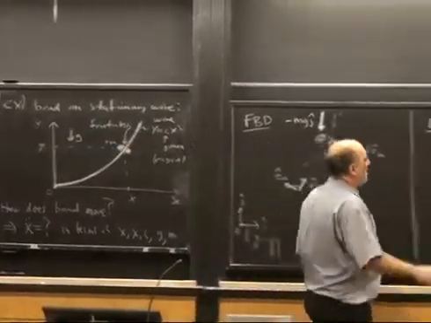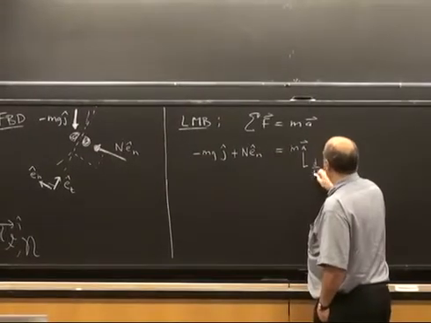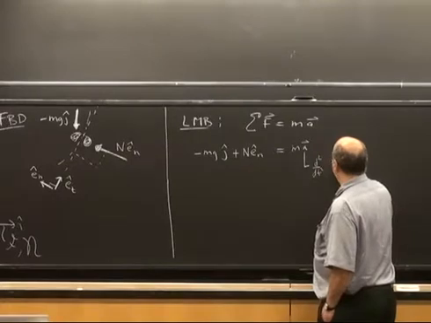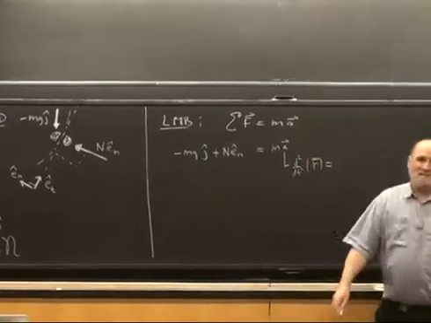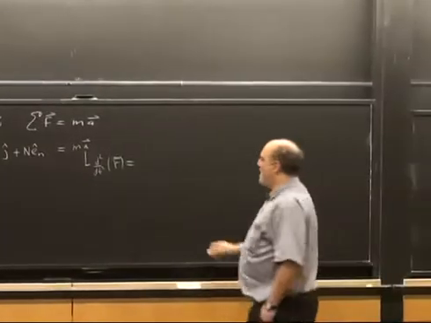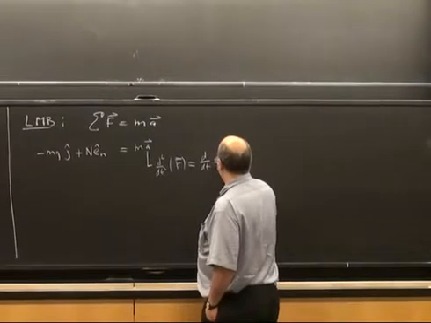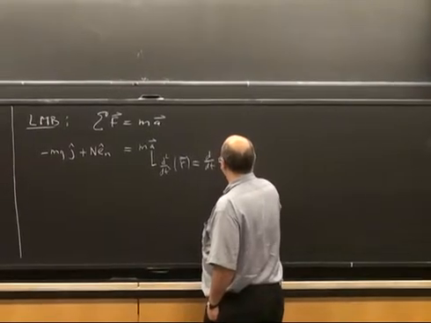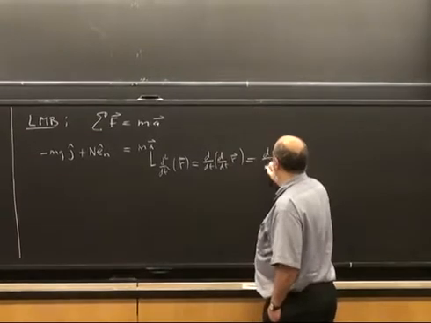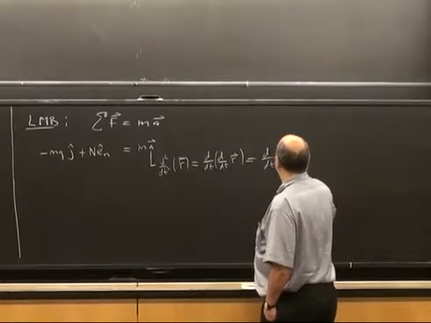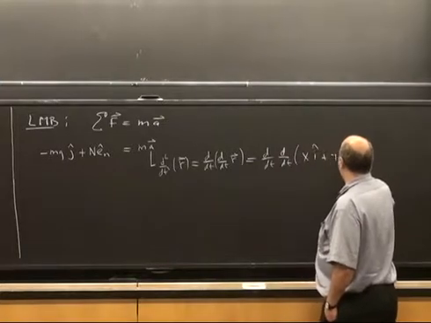So we're going to have to substitute in something here. We can write whatever we want for the acceleration. And I'm going to write d by dt squared of the position. That's what the acceleration is. And that's d by dt of d by dt of the position. And that's d by dt of d by dt of x i plus y j.